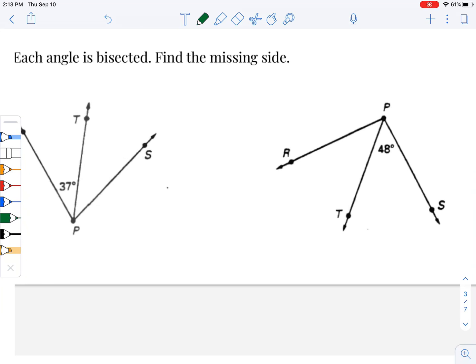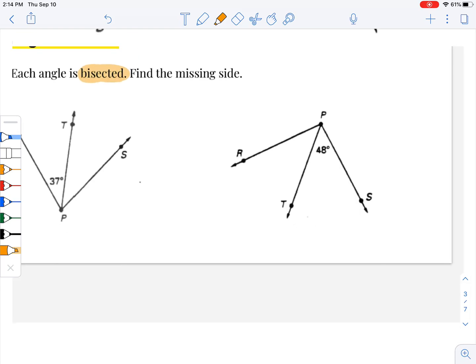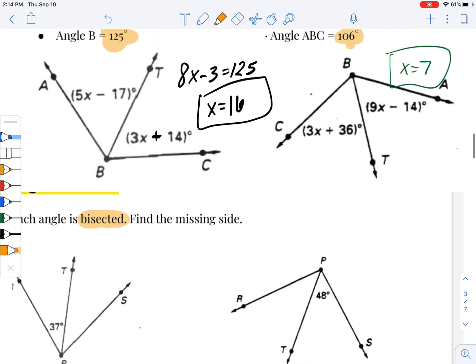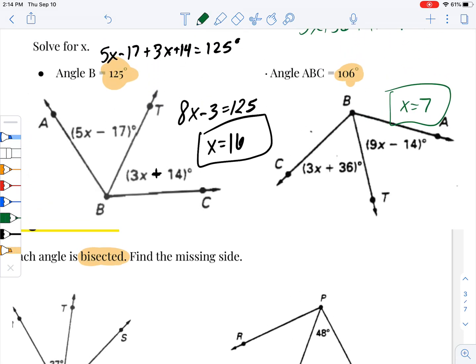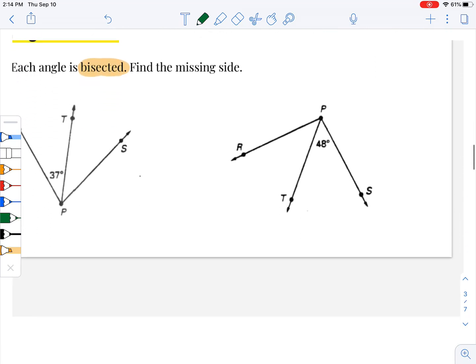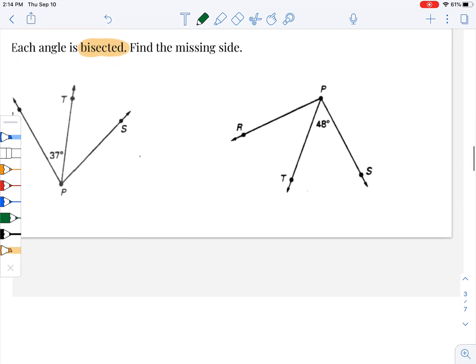So another very important concept you need to know is the term bisected, and we looked at this earlier. So we just saw problems where they gave us a measure for the big angle. Here they're telling me it's bisected. And what does it mean to bisect? Well, that means to cut into two equal pieces, or cut it in half.